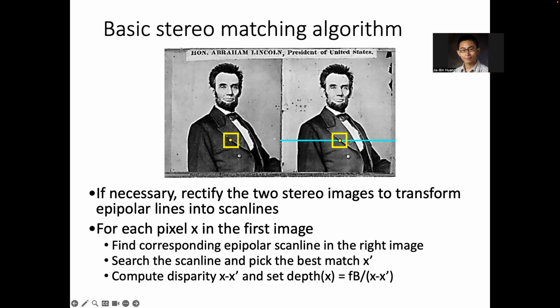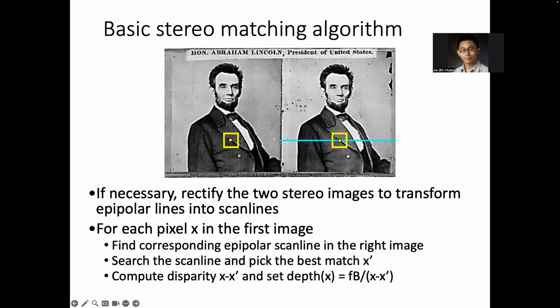All right. So can anyone tell me, how do I measure similarity between two patches? Any ideas? This is the concept of template matching. I have a template on the left-hand side, and what would be a reasonable way to find the correspondence on the right image?